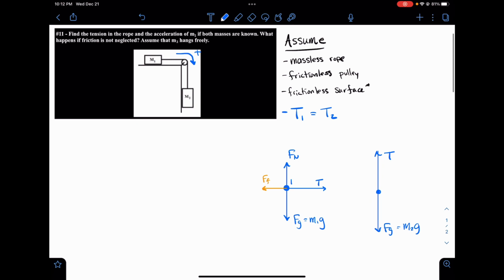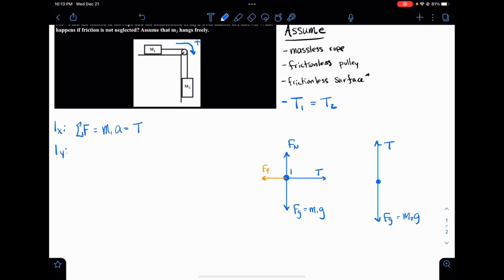From this point on, we're just going to go ahead and do our normal equations. For block 1, the sum of our forces equals the mass of 1 times the acceleration of the system, equaling just tension. That's because tension is the only force pulling in the x direction. I guess we should annotate that this is block 1 in the x direction.